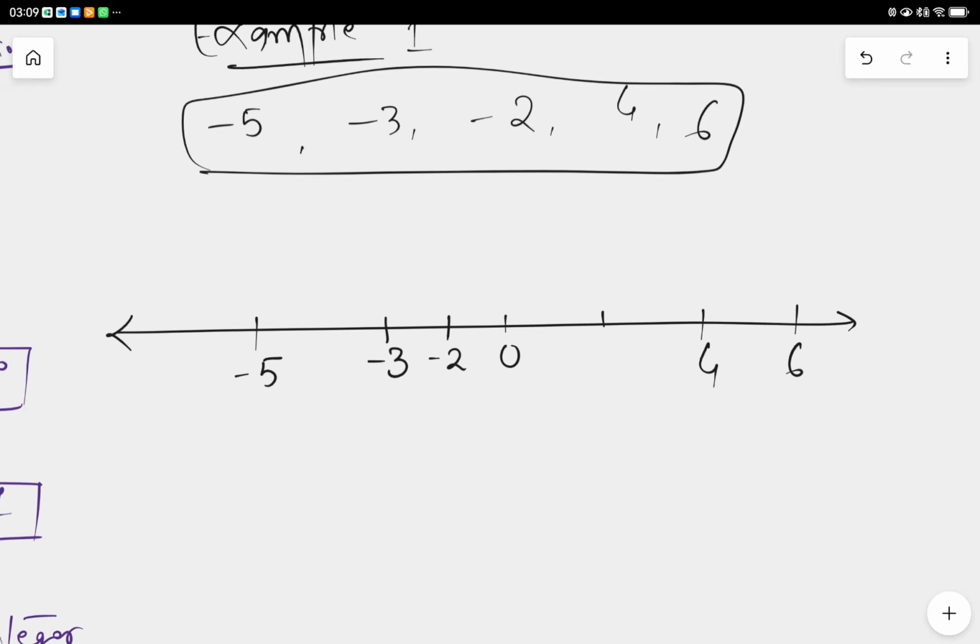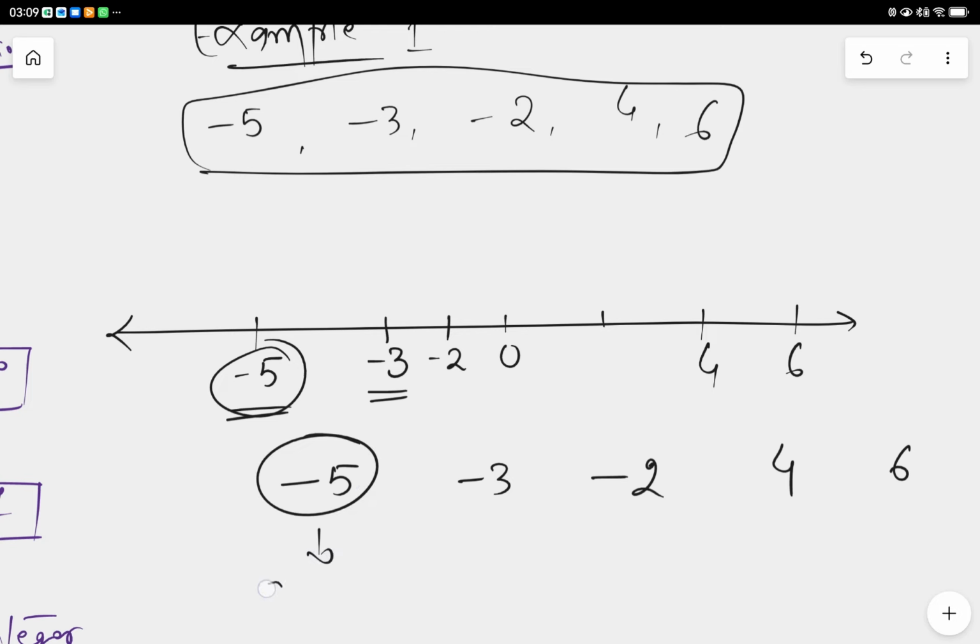Now arrange the numbers from the smaller to the greater. -5 lies on the left hand side, then on the right come -3, -2, 4 and 6. Now you can see -5 is the smallest one. Why? Because it is on the most left hand side.